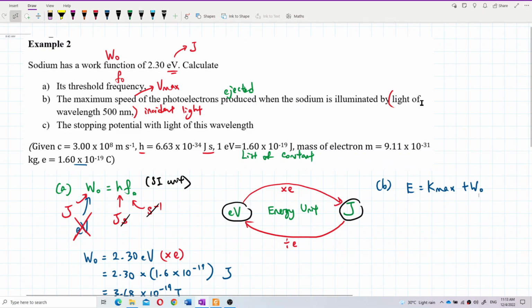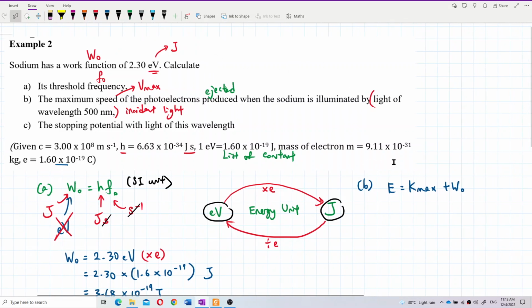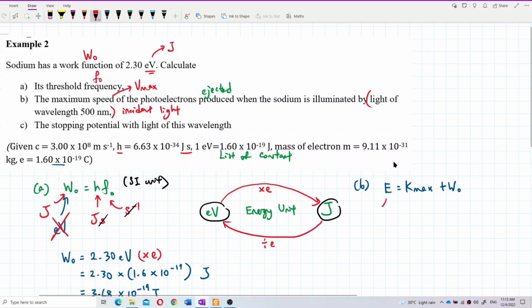Now I can substitute this E. This E is also hf or hc over lambda. Understand?